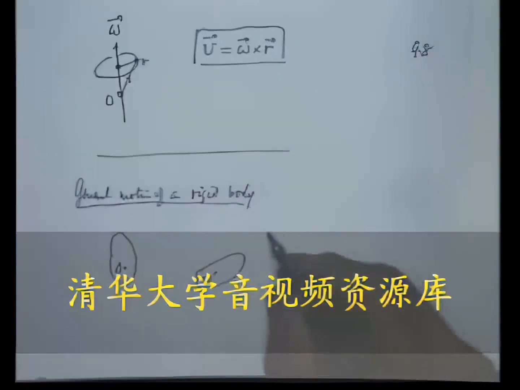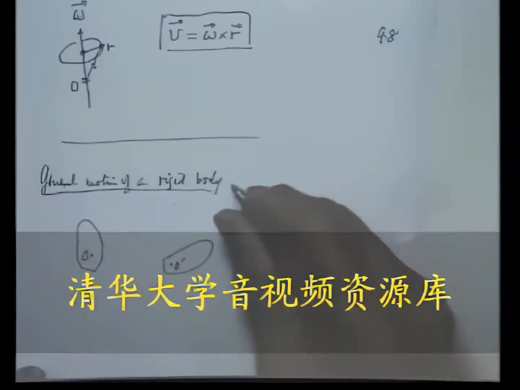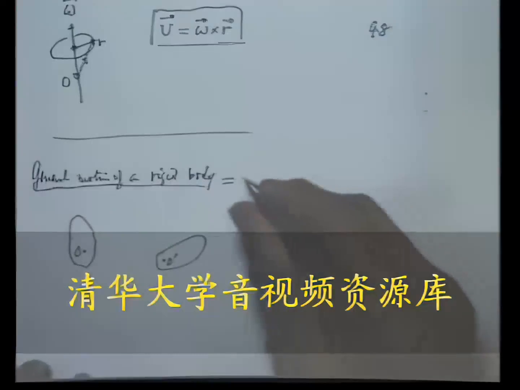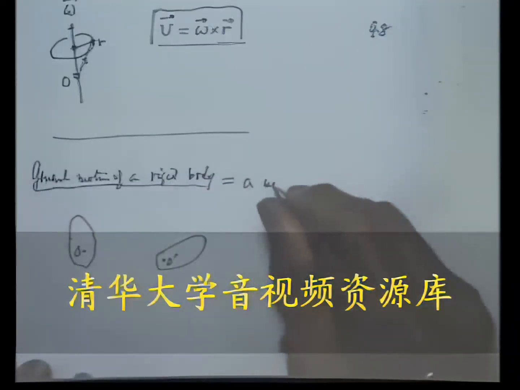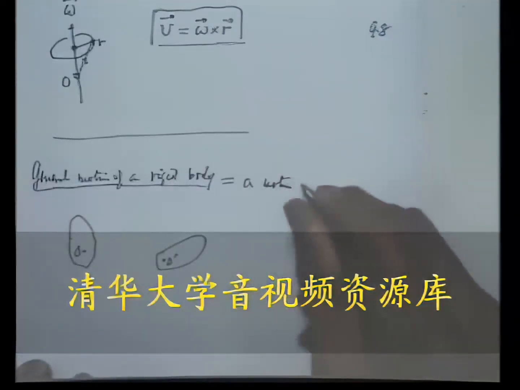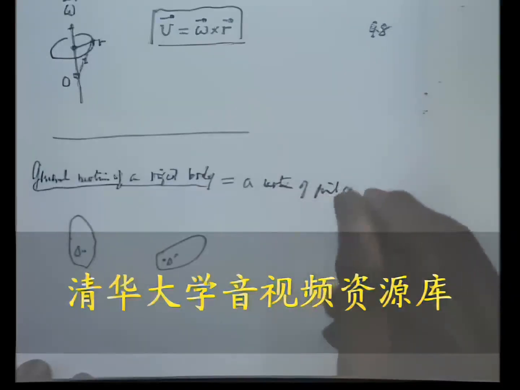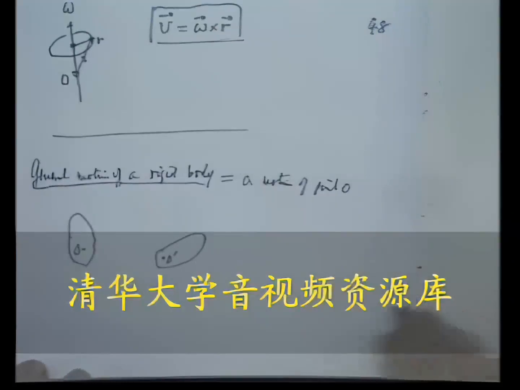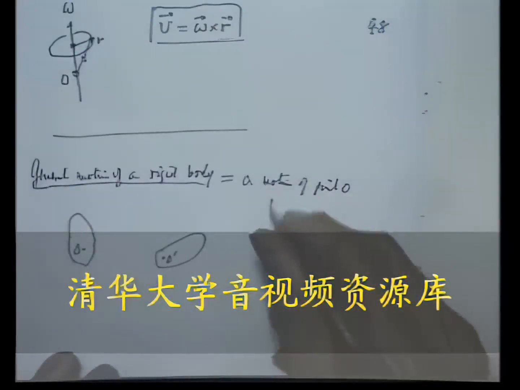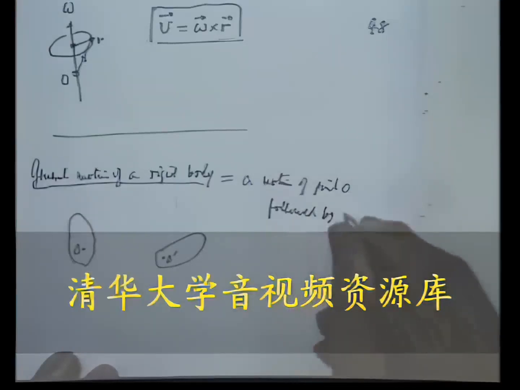So general motion of a rigid body is equal to a motion of one point, just any point, followed by a rotation.